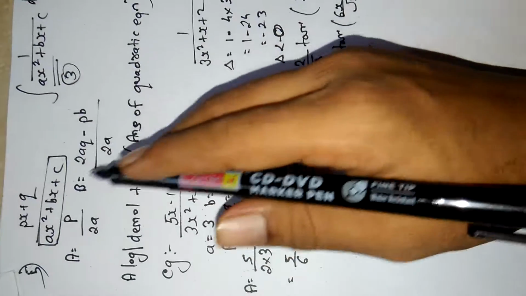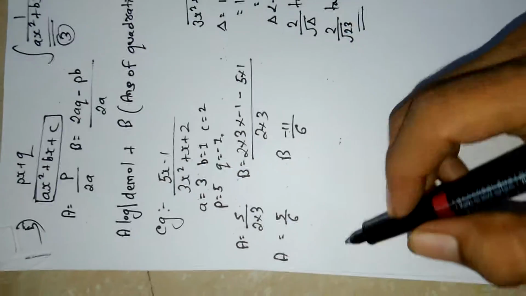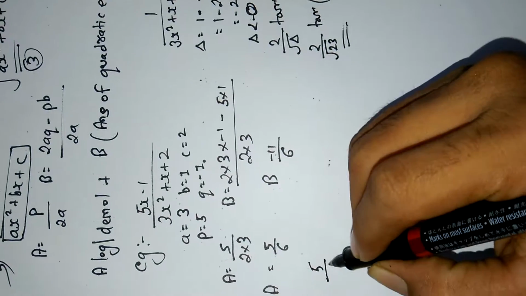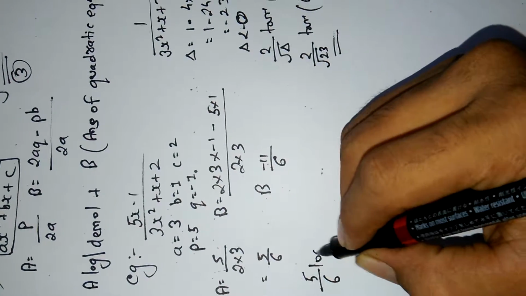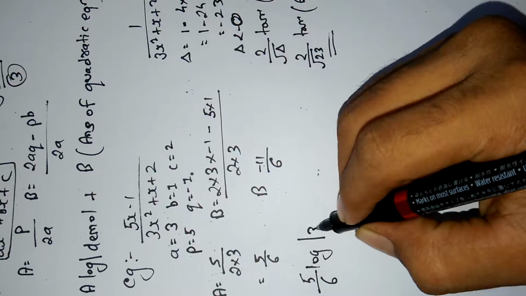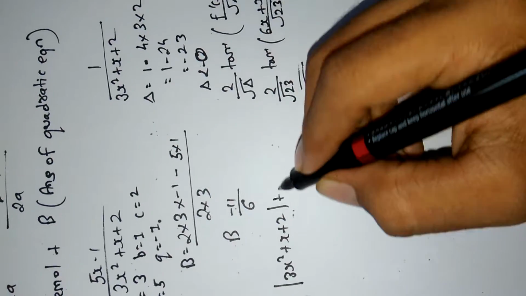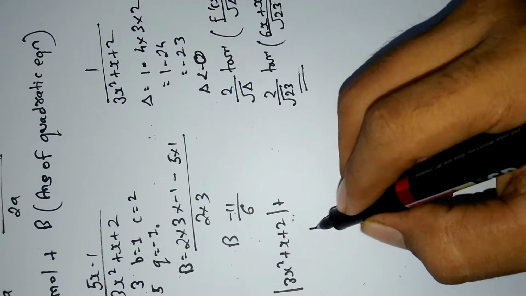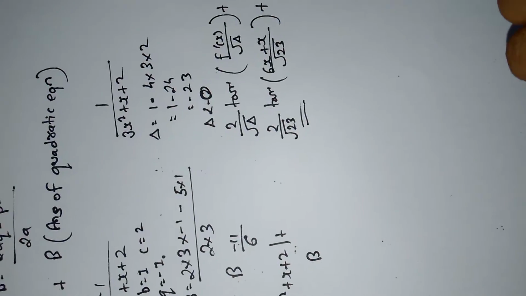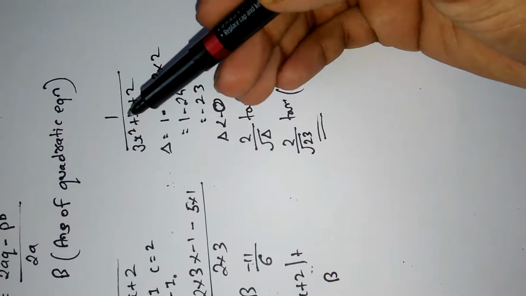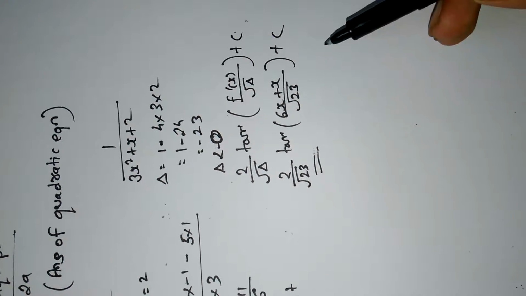in this equation, a means 5 upon 6 log of the denominator, meaning our quadratic equation, plus b into the answer of our quadratic equation, right? So 1 upon quadratic, our answer is this.